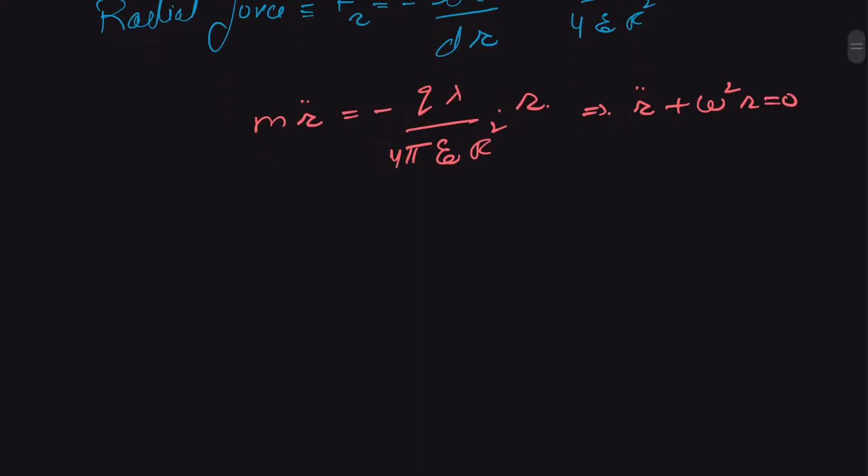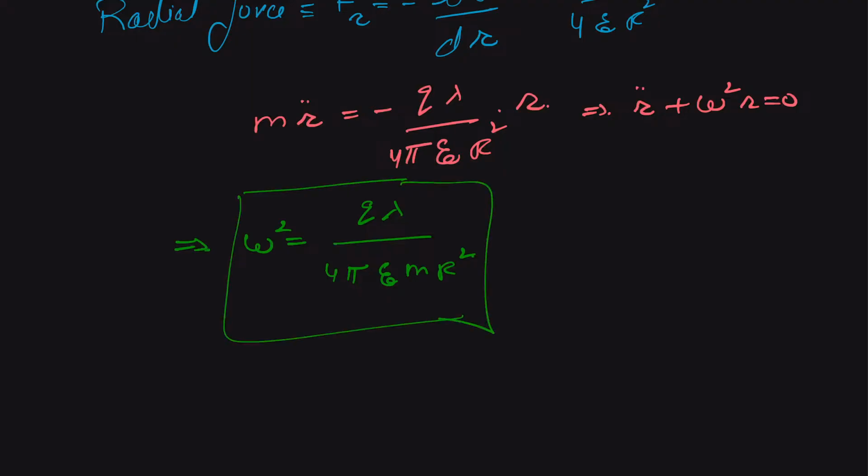Therefore, from here we get that our omega square will be equal to q lambda upon 4 pi epsilon naught m capital R square. So this is the frequency of the oscillation. Okay.